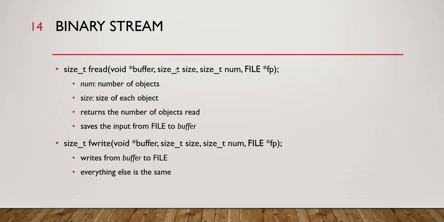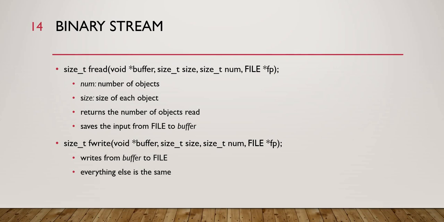So what is this size_t? This size_t is actually a type which is already defined in stdlib or the standard library. It is a sort of unsigned integer which can be used to store the size of each object. In this case the size of each string we are taking, but as we are working with binary streams, the objects might not be strings.